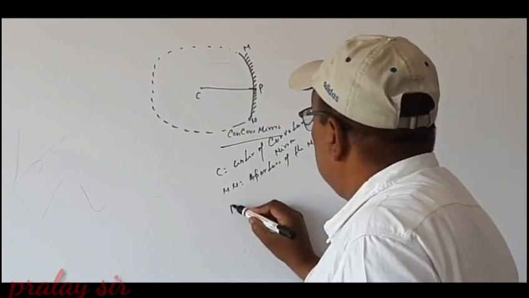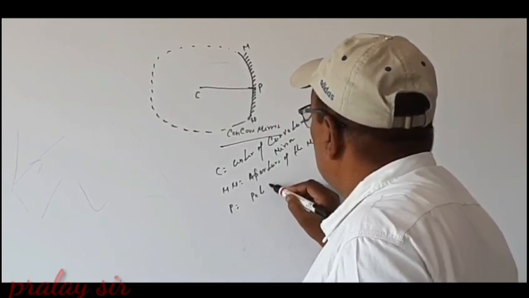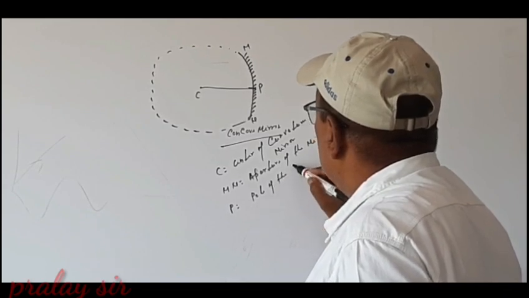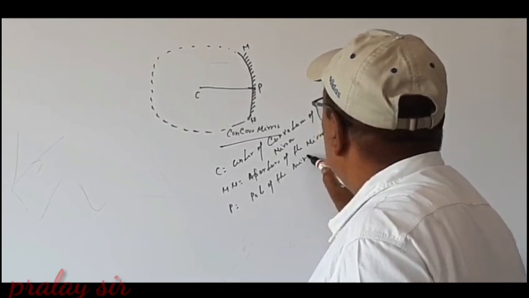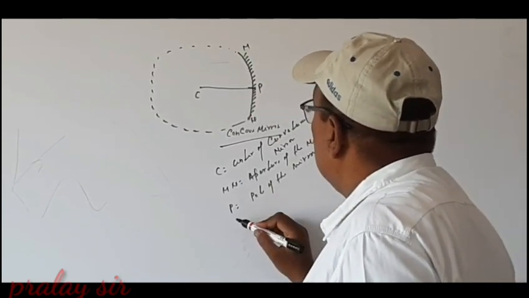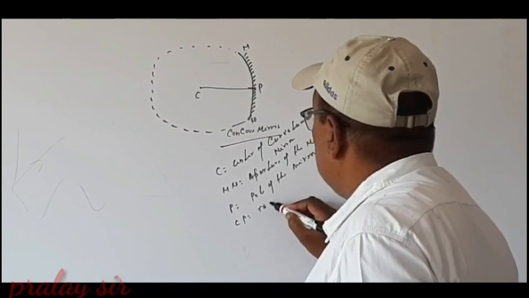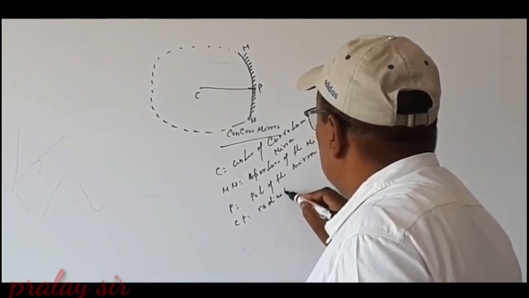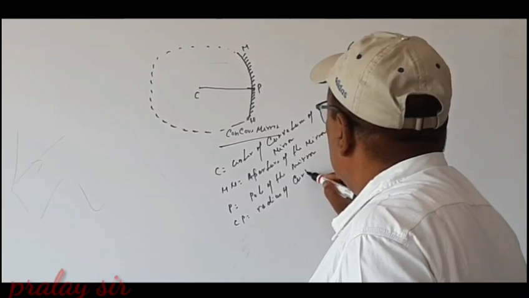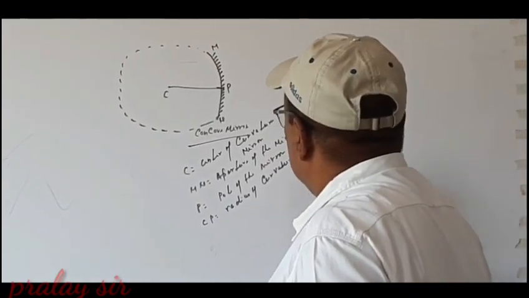And also P is the pole of the mirror, and it is halfway of MN. Here CP is the radius of curvature, that is your R.